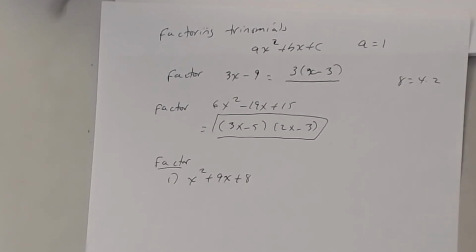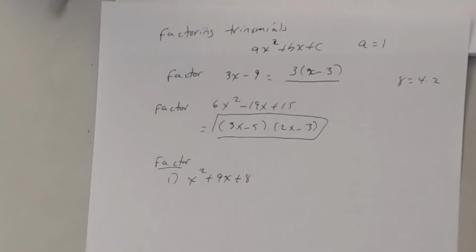Because a trinomial has how many terms? 3. Based on test number 1, what should you always look for? GCF. What is the GCF of those 3 terms? It's 1. All right, so since GCF is 1, I'm not going to factor out the GCF because it's just 1.